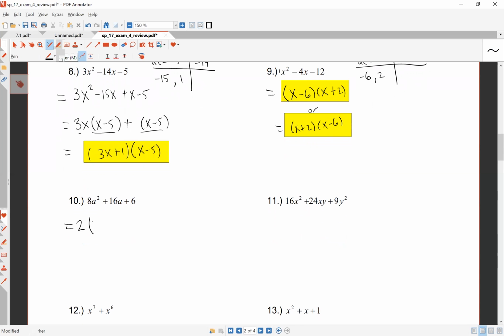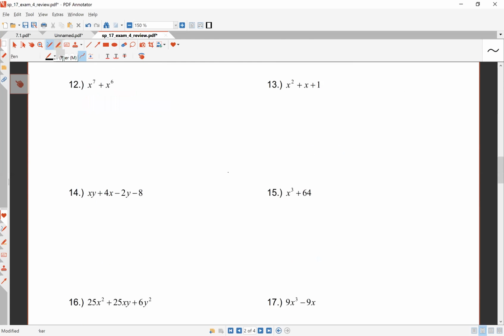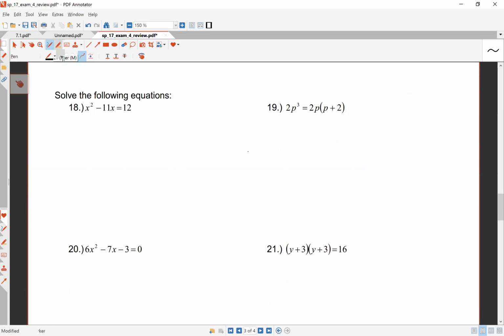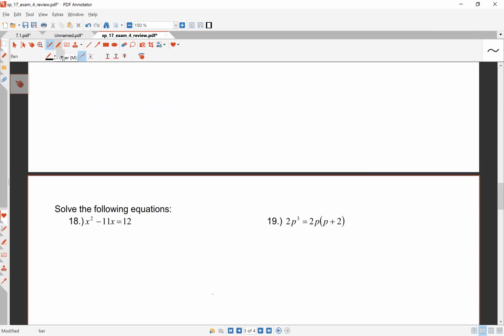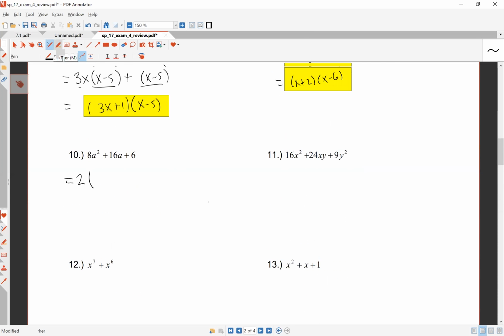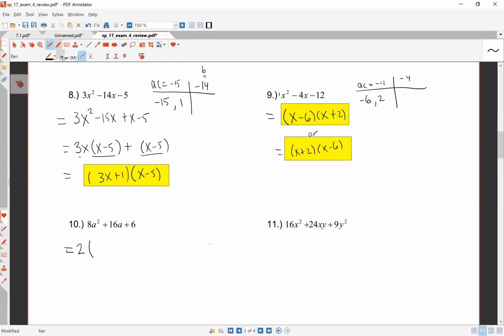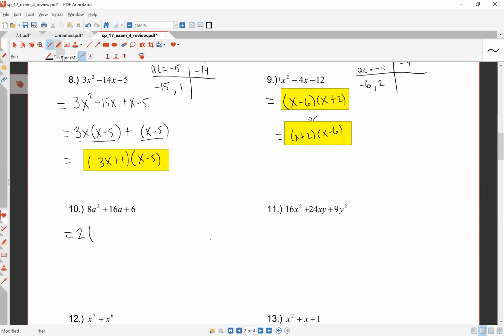Chastity, very good question. Your question will be answered as we progress into solving the equations, that's where you will say x is 1/3 or x is 3 or x is 5. But when the problem says only to factor it, you leave it in factored form and not solve it.